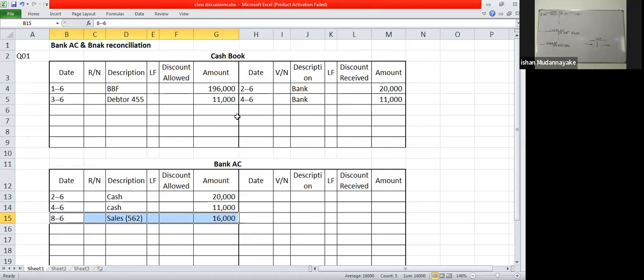Then cash book credit, 12 June, bank, how much? 10,000. Bank account debit, cash book credit 10,000, bank account debit 10,000.